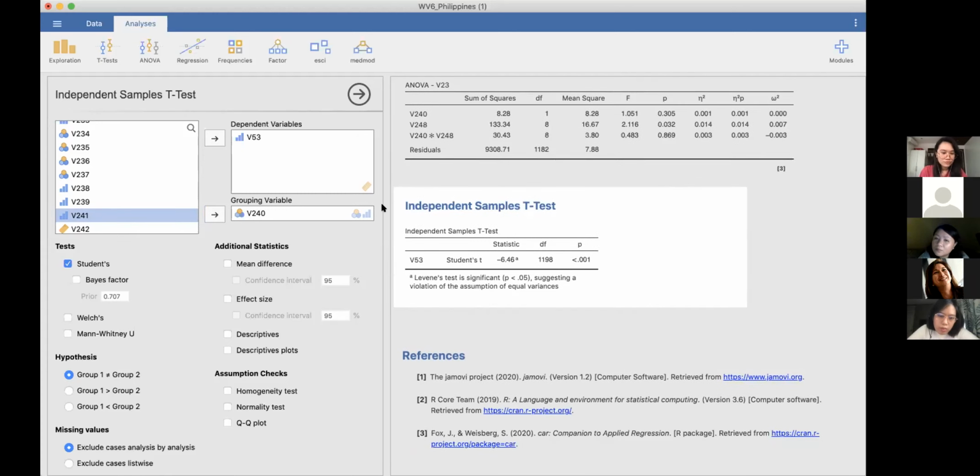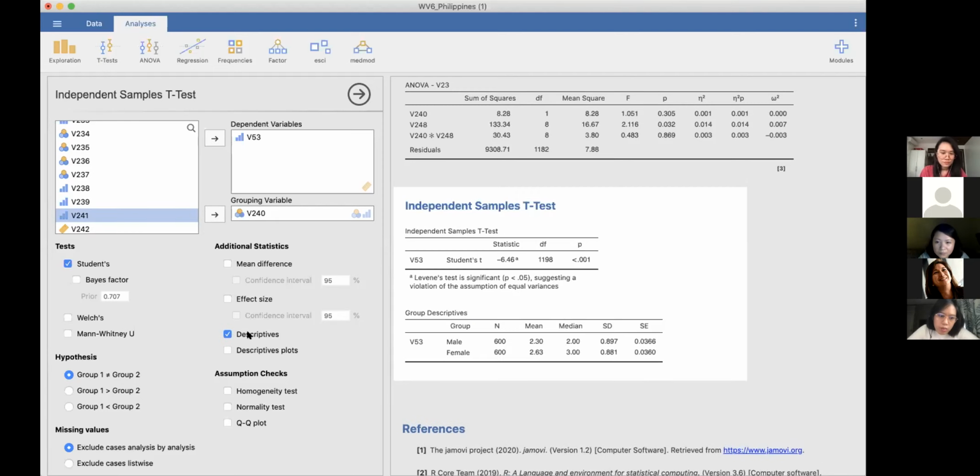So we might want this. You can click on descriptive statistics. Want to see effect size, we can do that too.